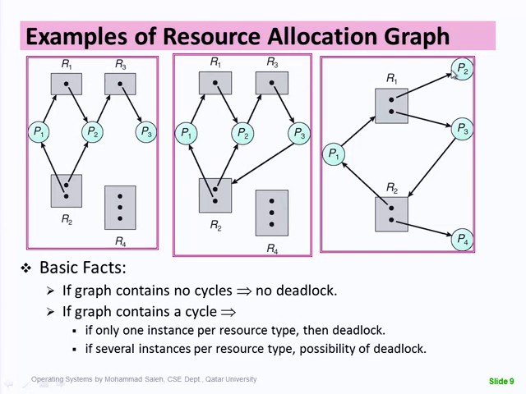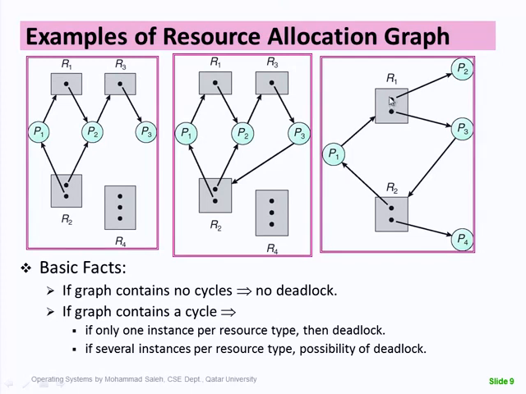Now let's prove that. This instance of R1 is currently allocated to P2. P2 is not involved in a deadlock situation, right? Which means P2 will finish. With time, it will finish. And when it's finished, what is it going to do? It's going to release this resource, right?